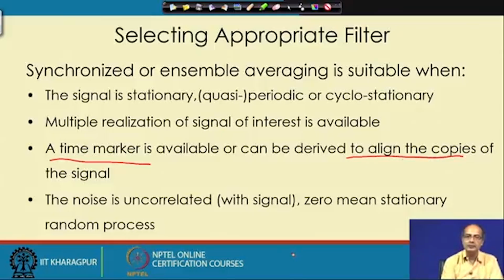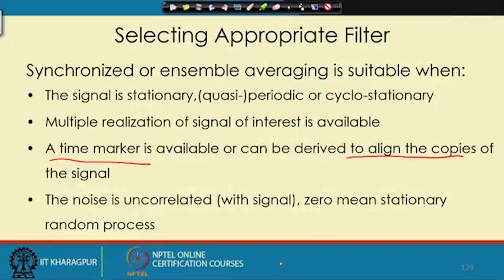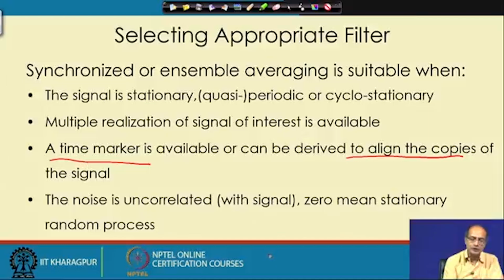Unless we align them properly, the averaging will destroy the signal of interest, because the alignment is very important so that the signals of interest add up with each other and do not destroy it. So for that alignment we need a reference or time marker.